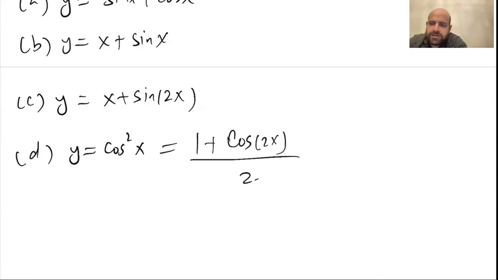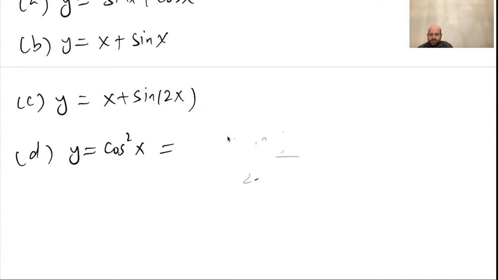But maybe it's easier for this function to do the method that we explained here, finding critical points, local max and min, etc. So I just wanted to say that for this function, again, you have 2 options, similar to what we did in the previous example.